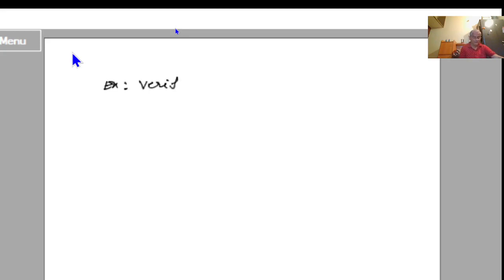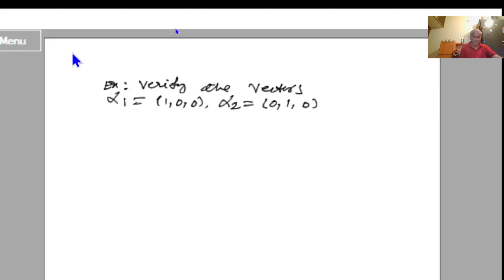Verify the vectors alpha 1 is equal to (1, 0, 0), alpha 2 is equal to (0, 1, 0), alpha 3 is equal to (1, 1, 1), alpha 4 is equal to (0, 0, 1).